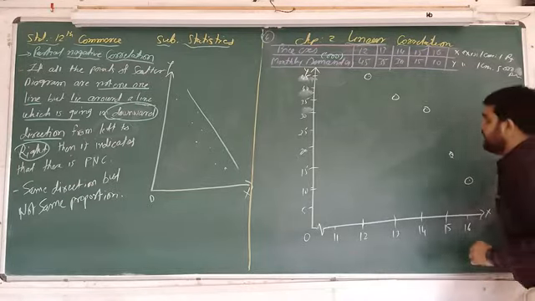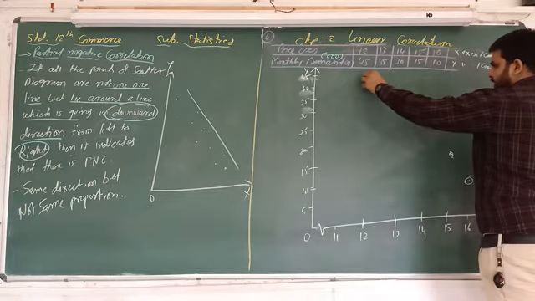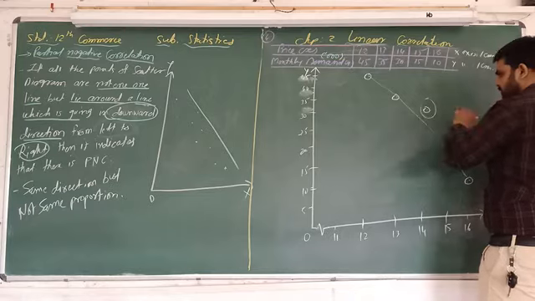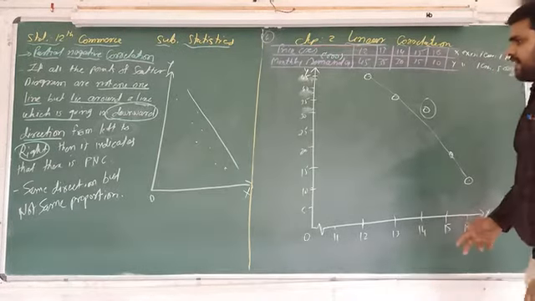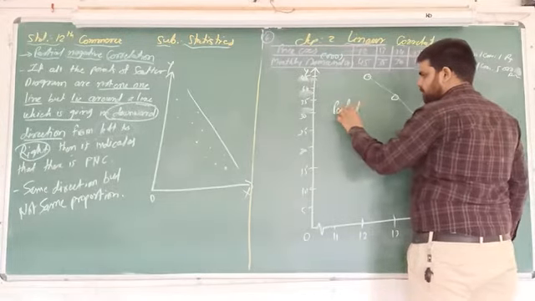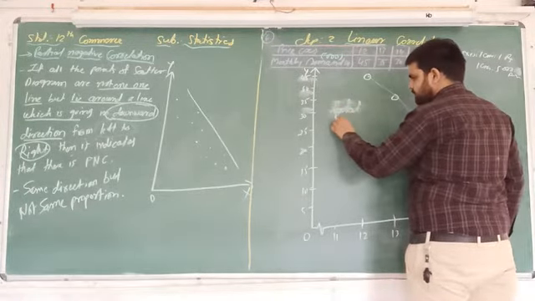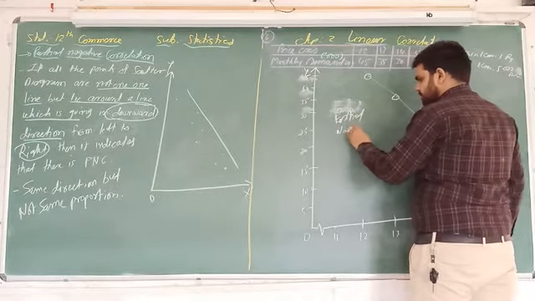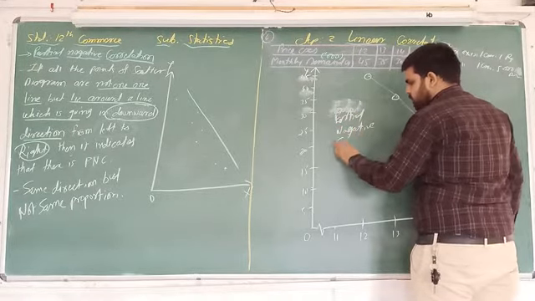So we can see all the points are not in the same direction, because this one is not in the same direction. So we can say that it is called a partial negative correlation.